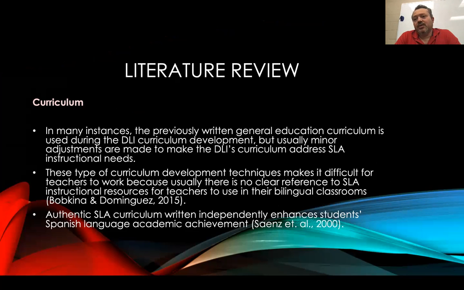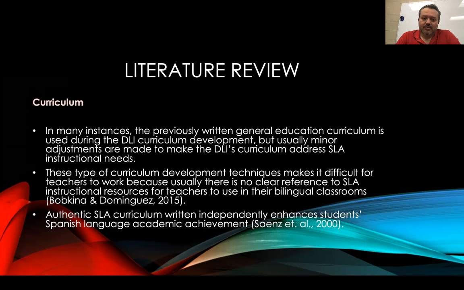Curriculum developers usually have a baseline, which is what the general education population already has in place, and then they use that to mold it. But usually, only minor adjustments are made to make the dual language immersion curriculum address Spanish language arts instructional needs, and sometimes the resources are not the same.